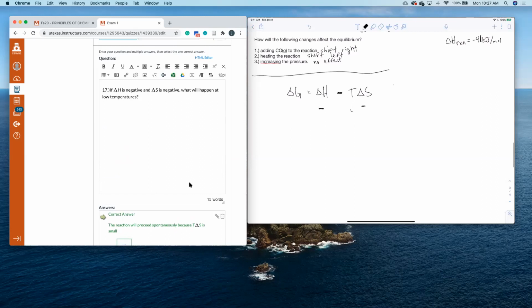Let's see. Low temperatures. Reaction proceeds spontaneously because T delta S is small. Oh, low temperatures though. It does say low temperatures. Okay, so that's an important part. Sorry, I didn't see the temperature part. Yeah. So it's saying delta H is negative.